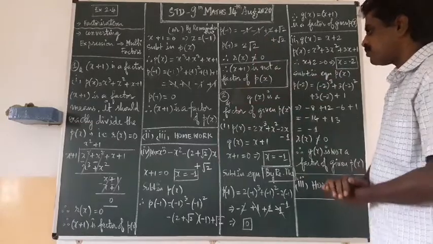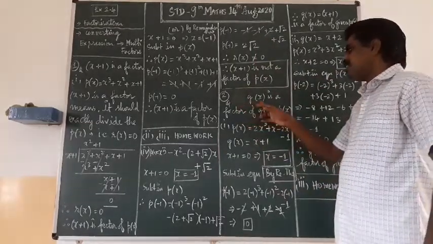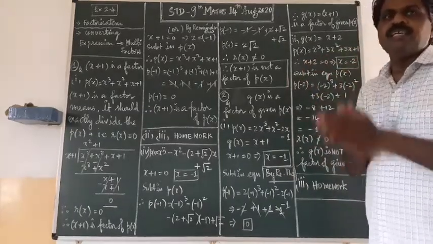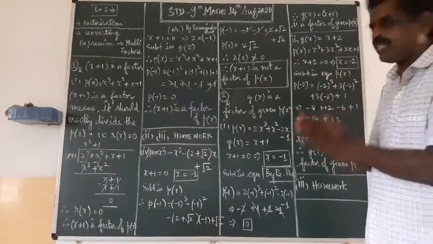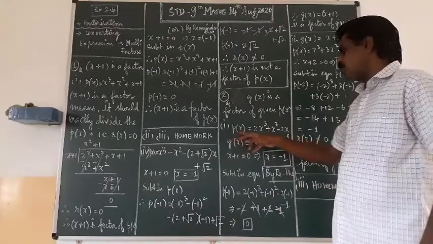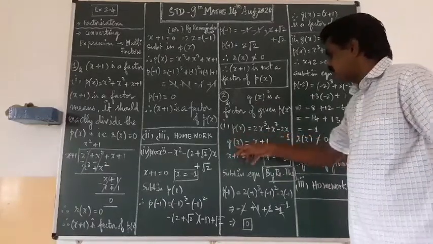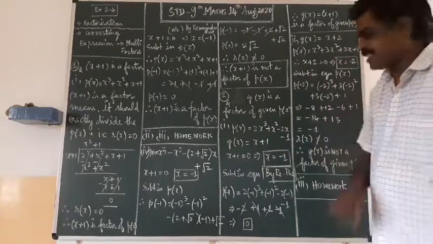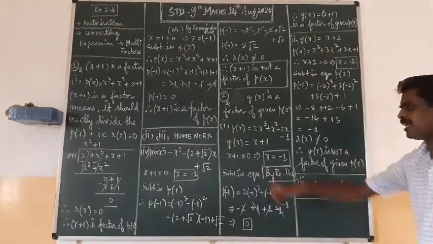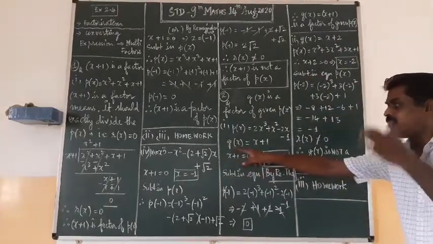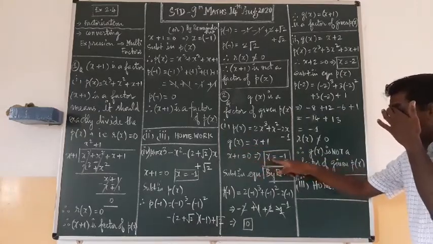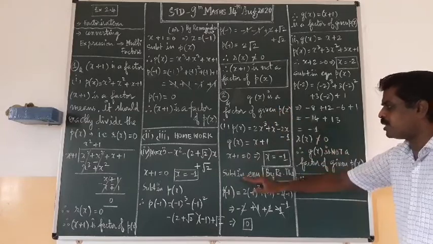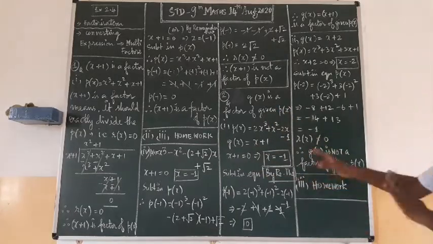Second question. What is given? g of x is given, and we must check whether it is a factor of the given polynomial. In the first problem, a polynomial and g of x are given, and using the remainder theorem they are asking. So using the remainder theorem, you have to equate g of x to 0, convert into x equal to minus 1, and substitute that in the given p of x. So I have done the same.